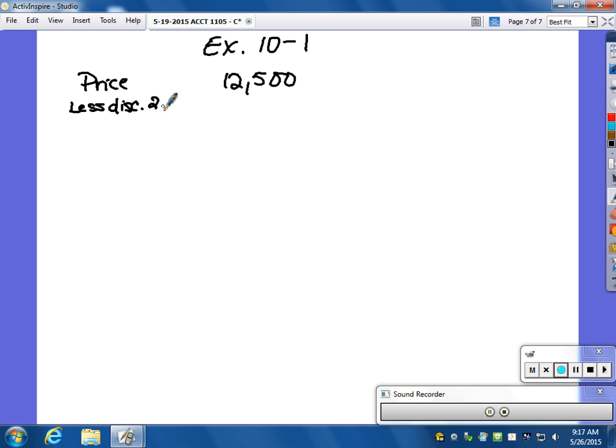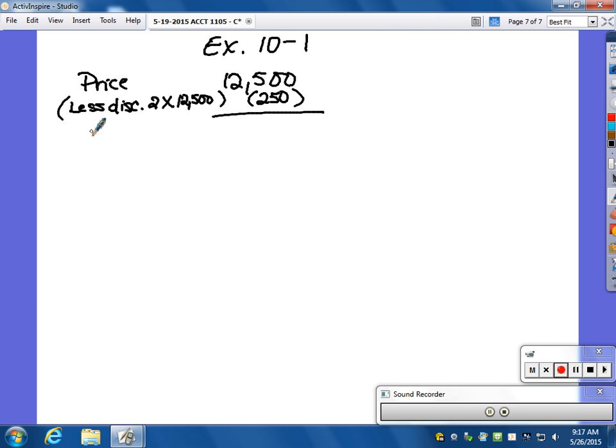Okay, so did they give you the amount of discount, or did they just give you the percent? They didn't, they wanted us to calculate it. Okay, so 2% times the 12,500 gives us how much of a discount? $250.